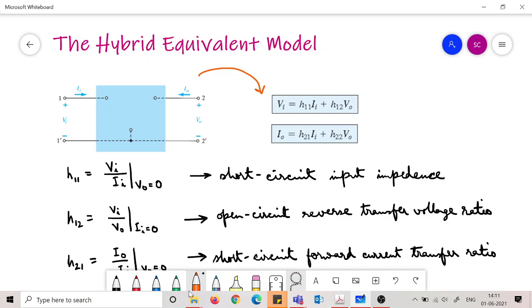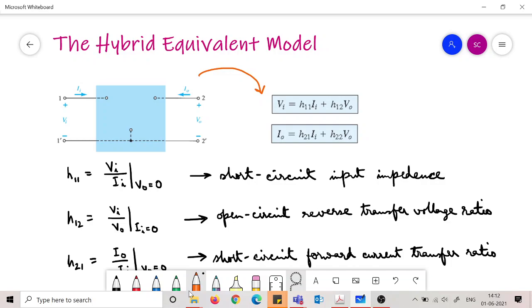The input voltage is expressed as a linear relationship of the input current and output voltage. The output current is related as a linear relationship of the input current and output voltage.